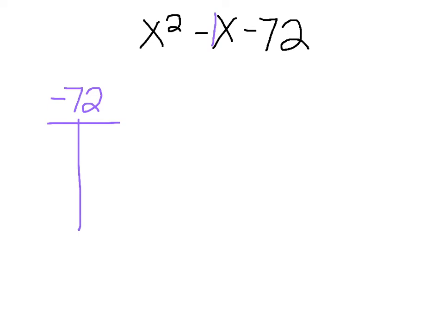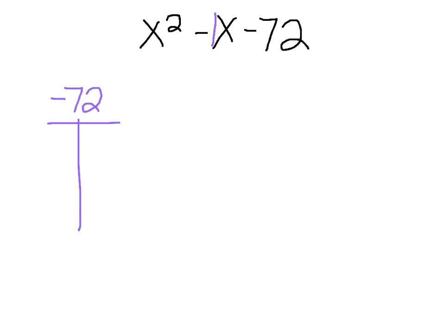72 is a really large number. We don't want to write out all the factors. We know that we need our 2 factors to be similar in number. They need to be actually 1 off of each other in order to get the sum to be negative 1. So let's think of larger numbers that divide to give you 72.